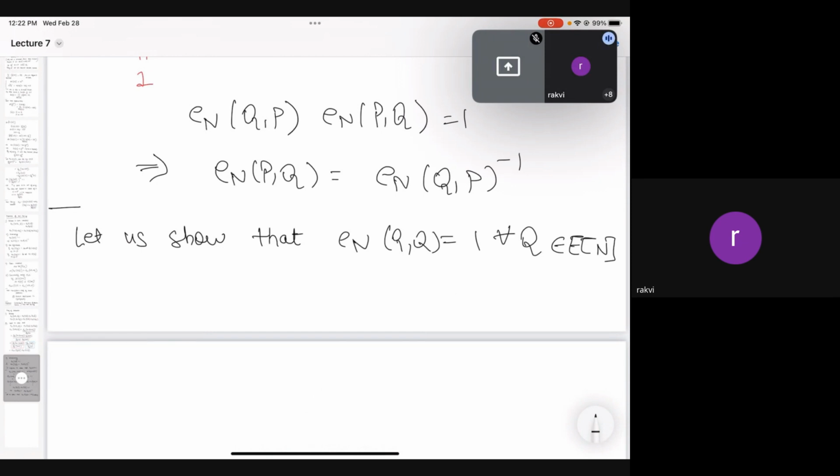So let's do this. En of q comma q is gq of x plus q divided by gq of x, and we want to show that this is always 1.